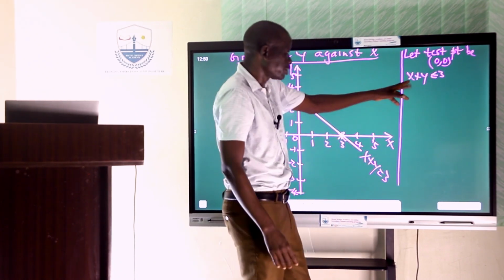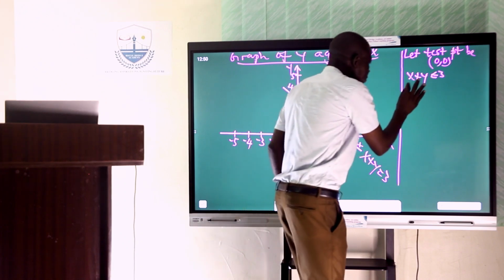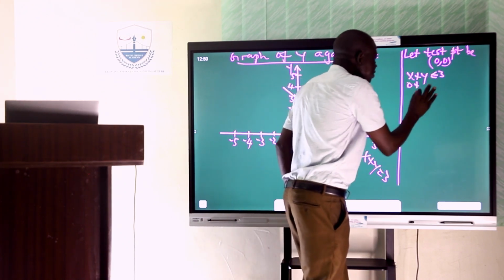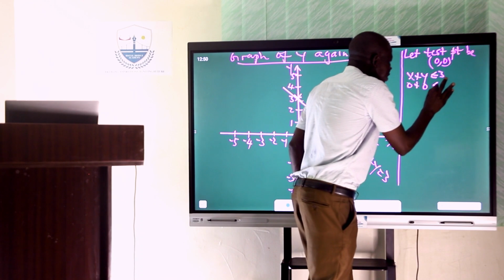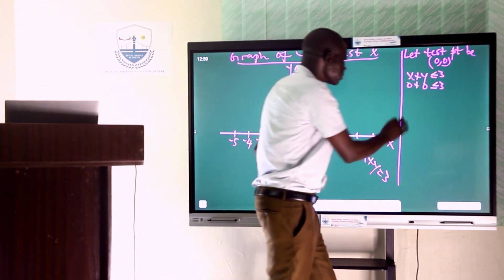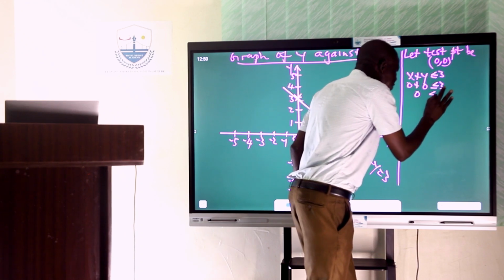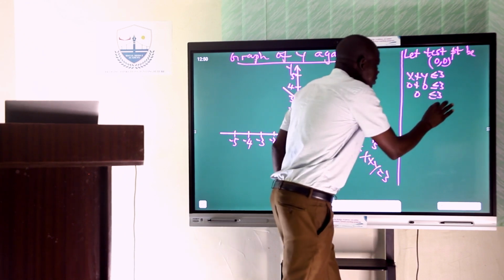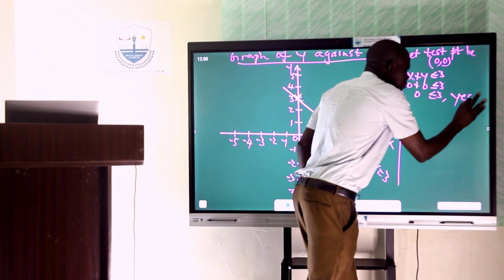So let us test. When x is equal to 0, put 0 here. Y is 0, put 0 here. Is 0 less or equal to 3? The answer is yes.